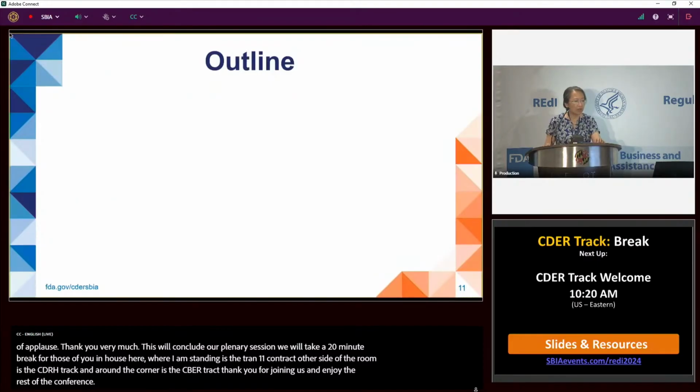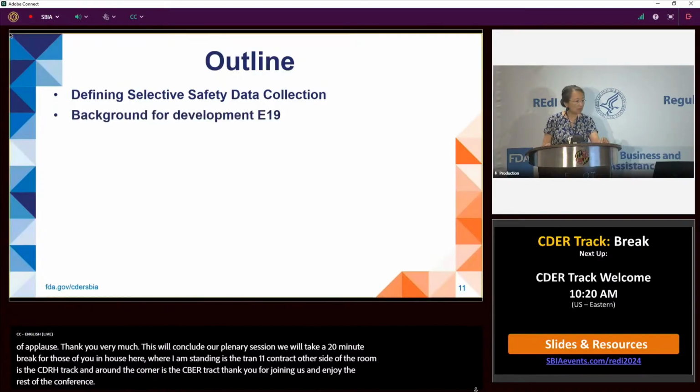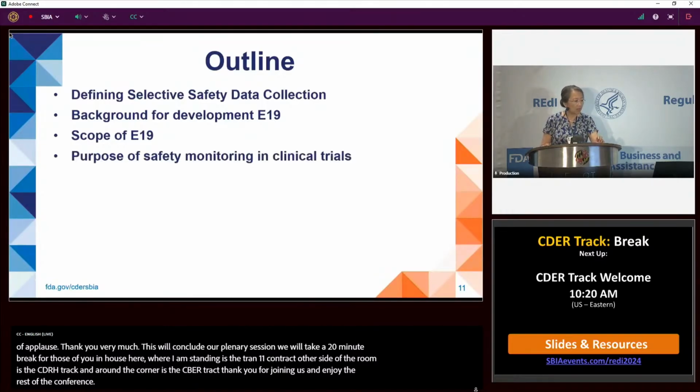The outline of my presentation will first cover defining what is selective safety data collection. I'm going to give you some background for the development of E19. I'm going to talk about the scope of E19, and when I talk about the scope of E19, it's specific to the guideline or the FDA guidance. An important part is what is the purpose of safety monitoring in clinical trials.